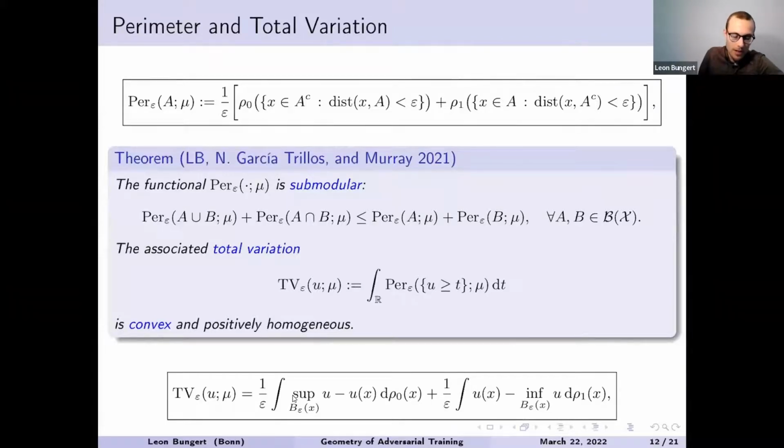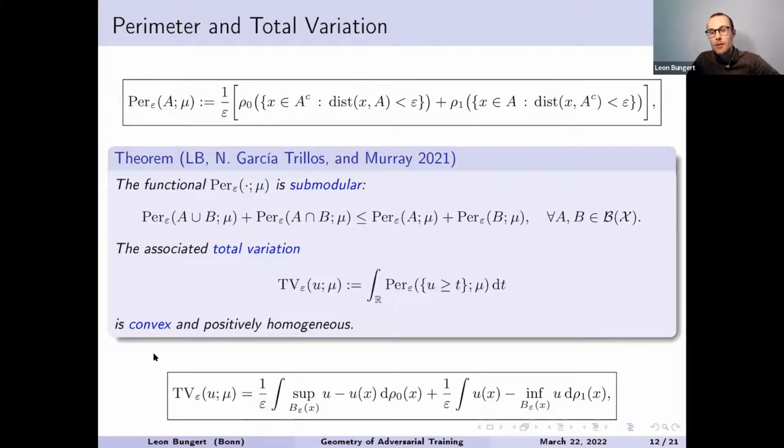And we can also characterize this functional, and it has the form down here. So this is the total variation applied to a function u. It's given by the sum of two integrals, which are kind of similar. One is with respect to the measure rho 0, the other one with respect to rho 1. And you have these terms here with the supremum of u minus u of x, and you divide this by epsilon, and you have the same thing over here with the infimum.